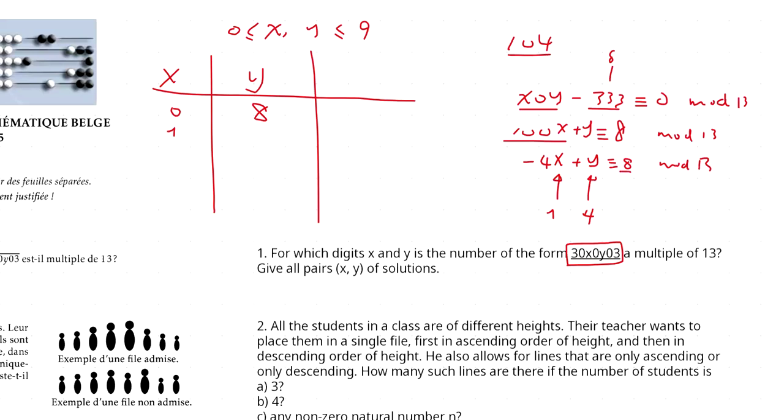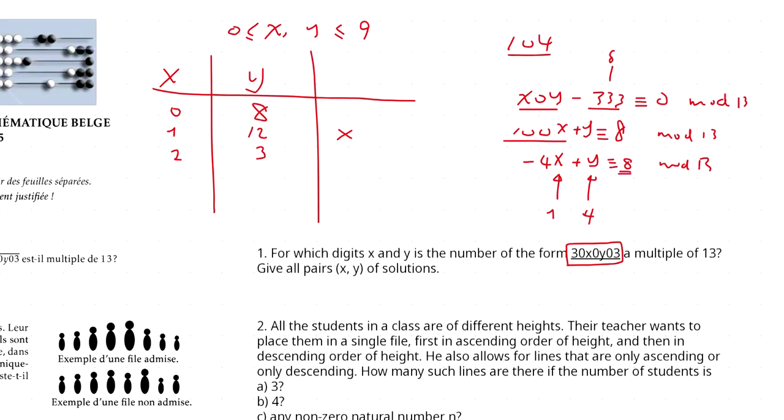But 12 is bigger than 9, so this is no solution. But next, x is 2, and then y can be 3, because minus 8 and plus 3 is minus 5. Minus 5 is the same as plus 8, modulo 13.